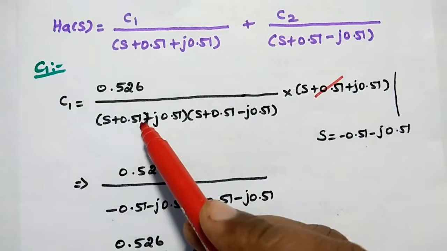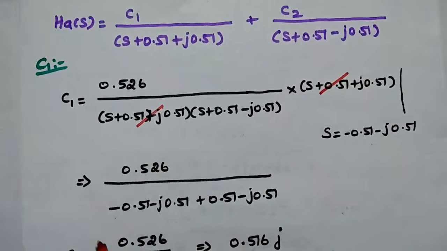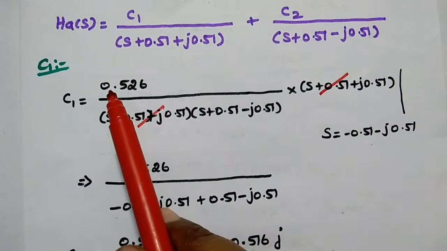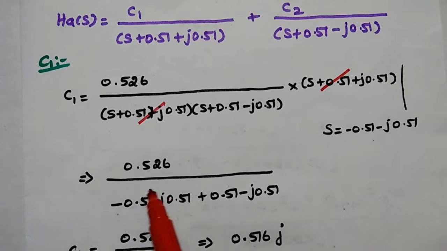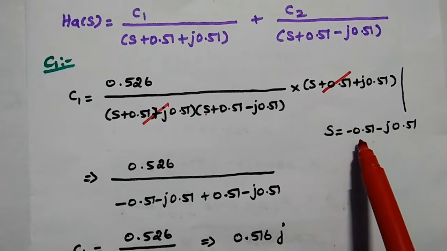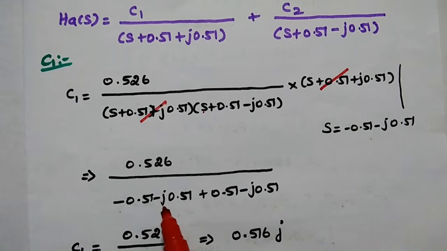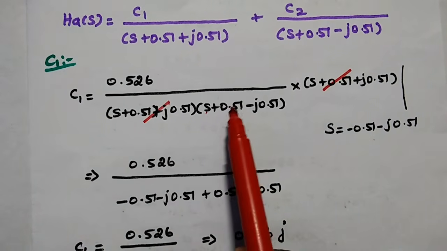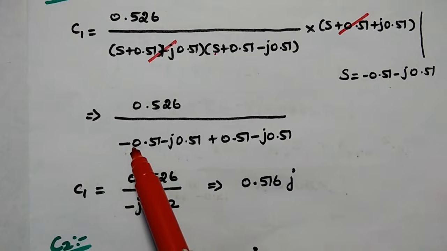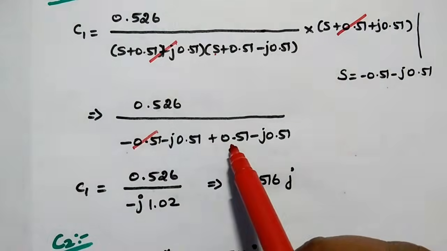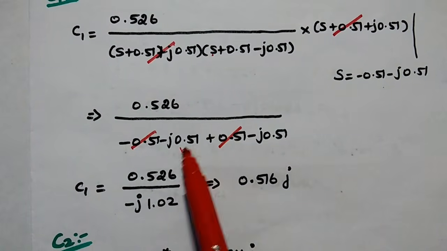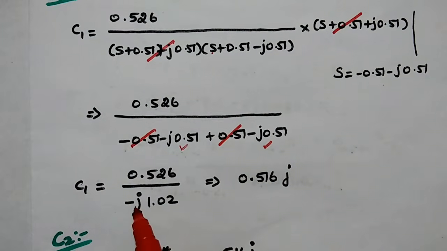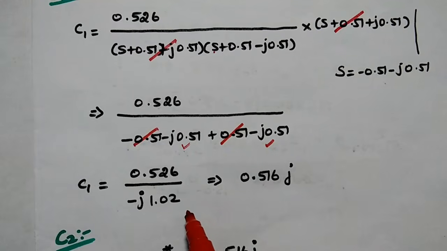Then in the next step, these two terms divide each other. Then we can substitute this value here, that is 0.526 divided by this S becomes minus 0.51 minus j 0.51 plus these two values, minus 0.51 and plus 0.51 cancel each other. Then we can add these two values, that is minus j 1.02.